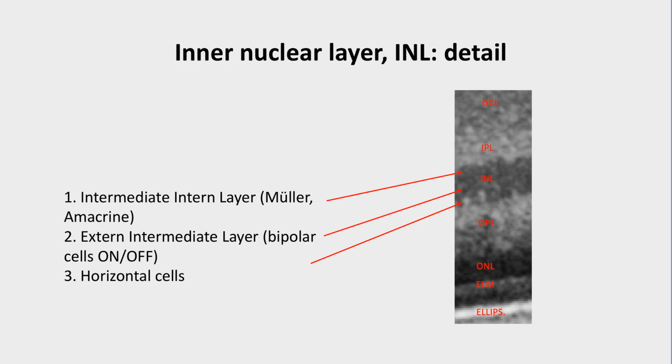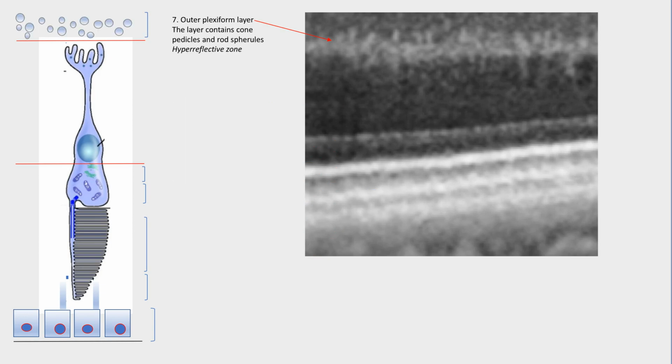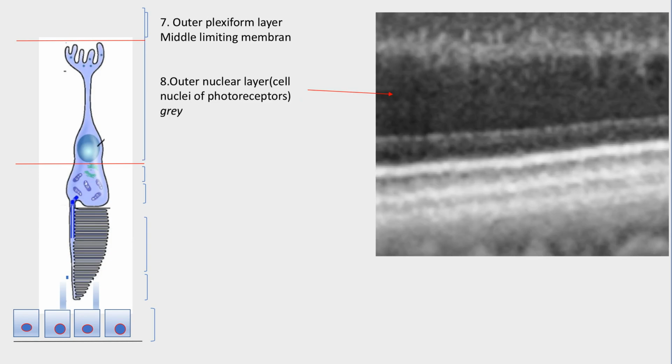Inner nuclear layer. And now the analysis of the outer retina. The outer plexiform layer, outer nuclear layer.